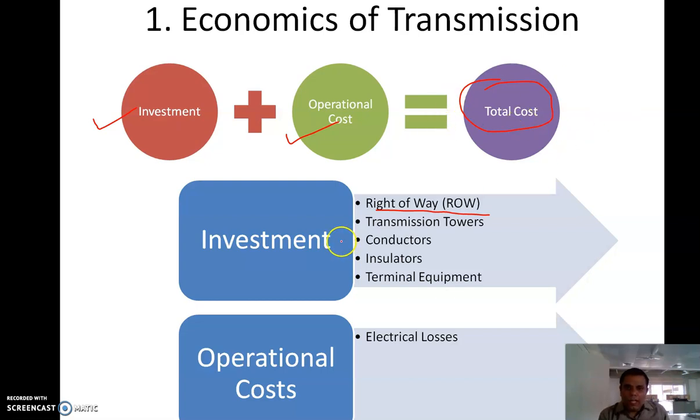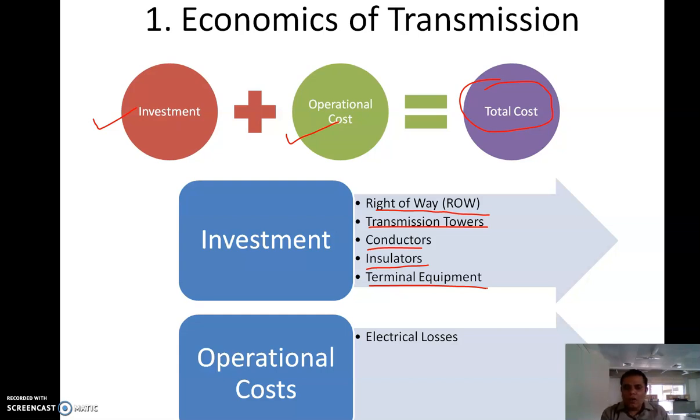Then there will be an investment required for actually constructing the transmission towers. There will be an investment required for the conductors, the insulators, and the terminal equipment. So all these things form the investment or the capital cost of any transmission system, may it be the HVDC line or the AC line.